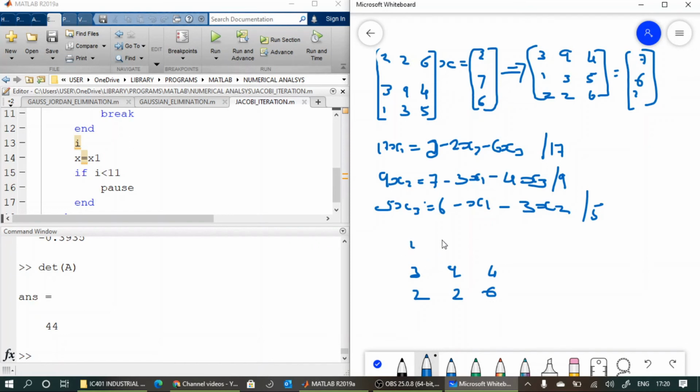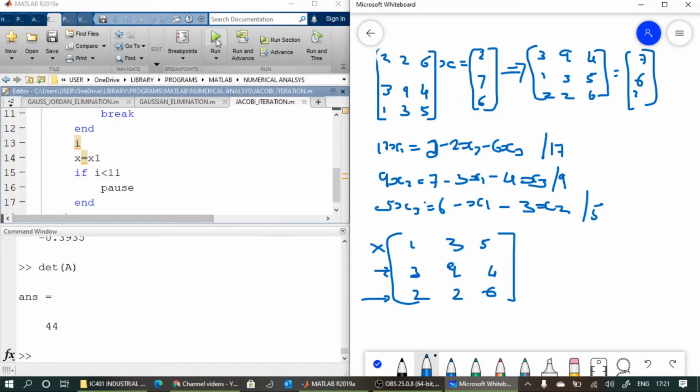Now the last one is 1, 3, 5. Again, please note, this 3, 9, 4 row is dominant, 2, 2, 6 is dominant, but this is not dominant. So this matrix is not row diagonally dominant, but at least 2 rows are dominant. So check whether it is working or not.